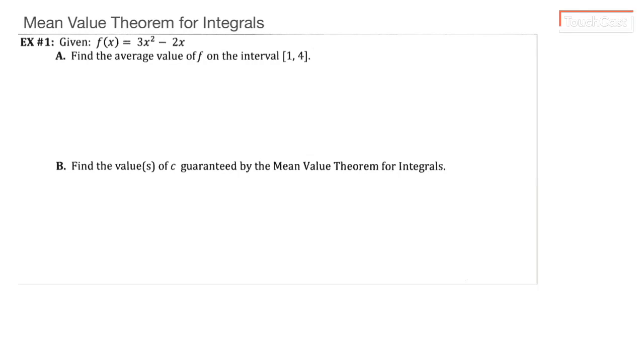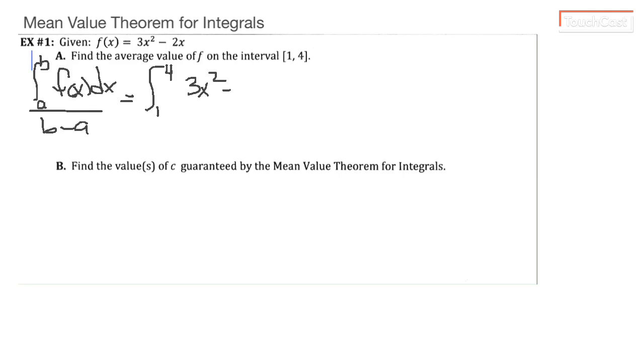We're going to take the integral from a to b of our function with respect to x over b minus a. I'm going to replace that with the values we're given. So we take the integral from 1 to 4 of 3x squared minus 2x with respect to x, over 4 minus 1.